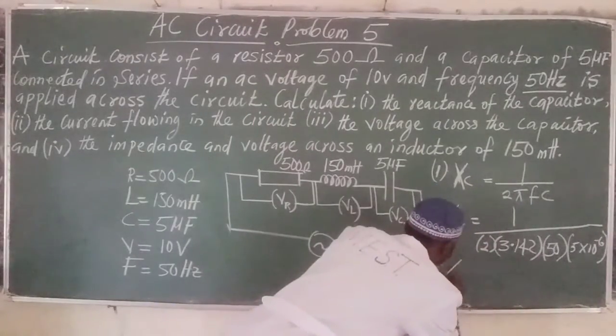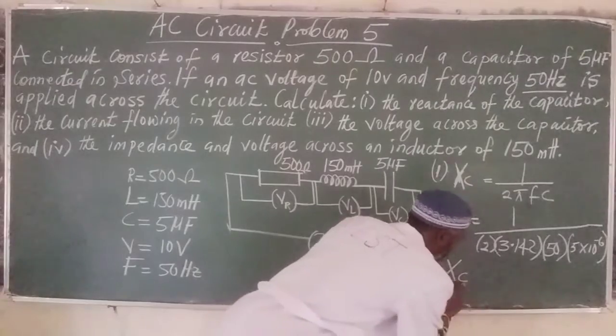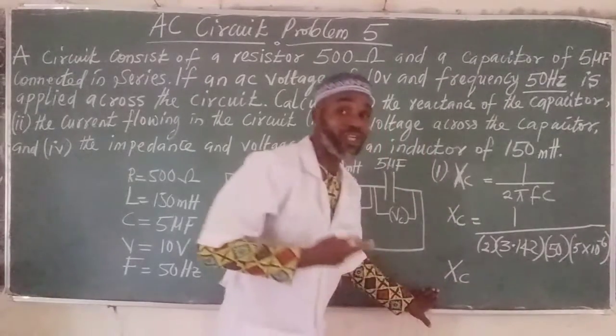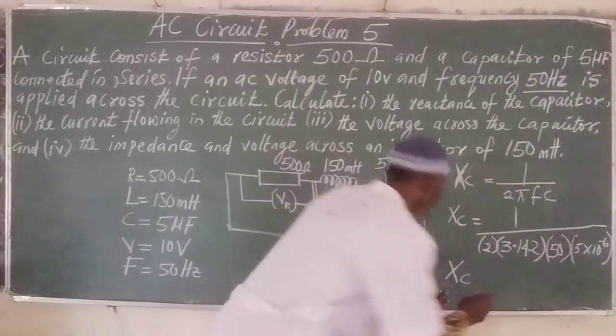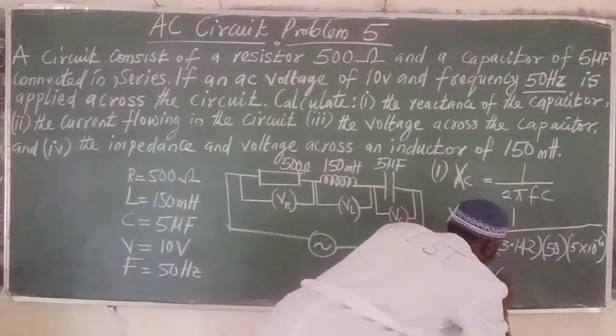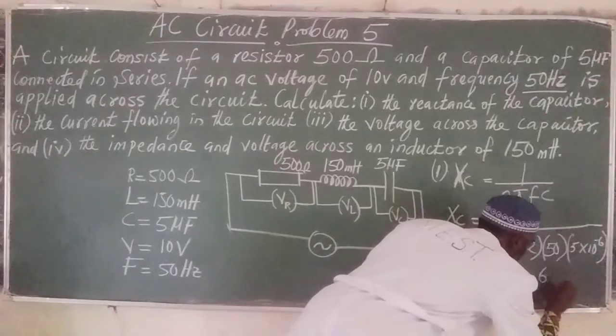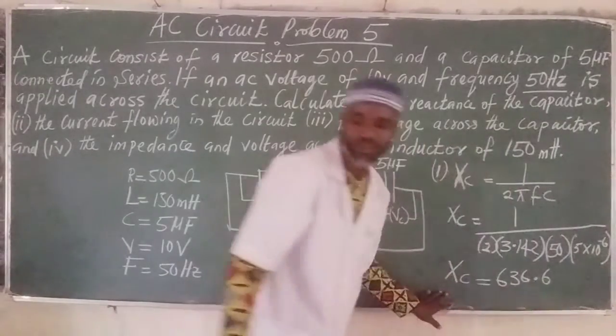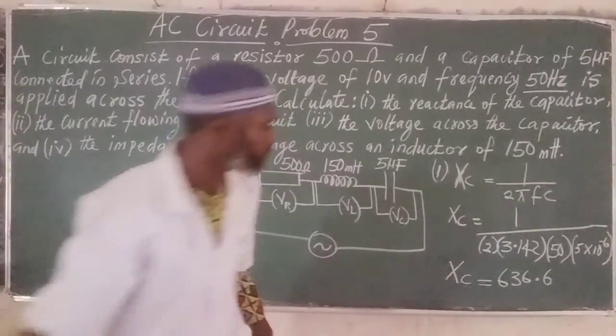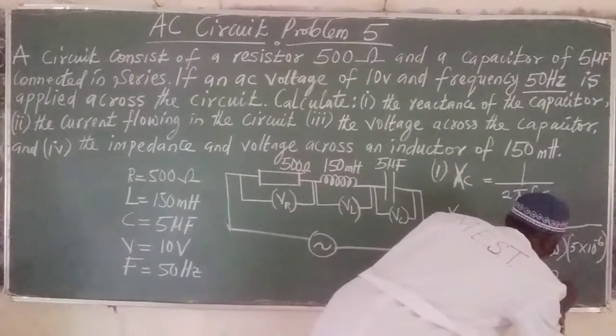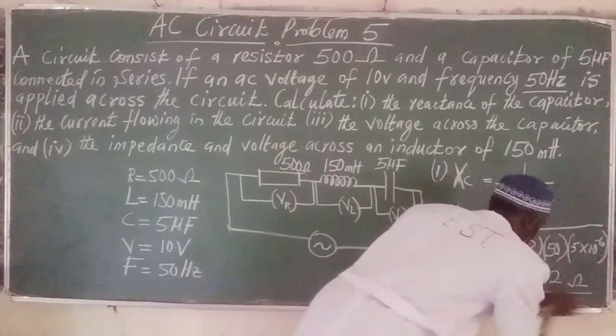So we have XC, the capacitive reactance, or the reactance of the capacitor, given as 636.62 ohms.